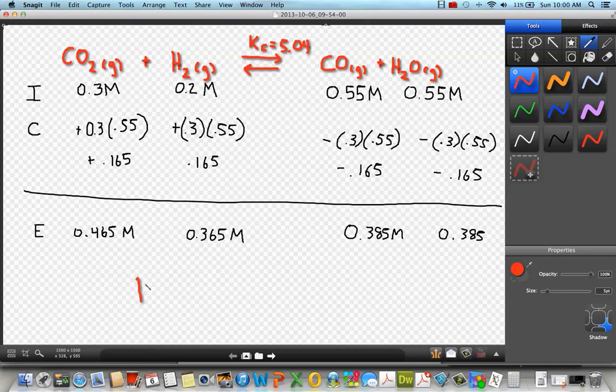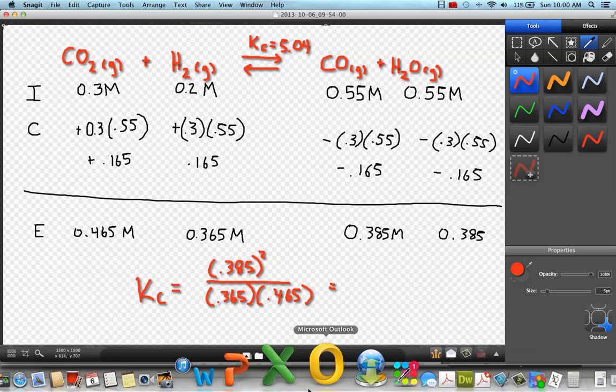So now the Kc is 0.385 squared divided by 0.365 divided by 0.465.